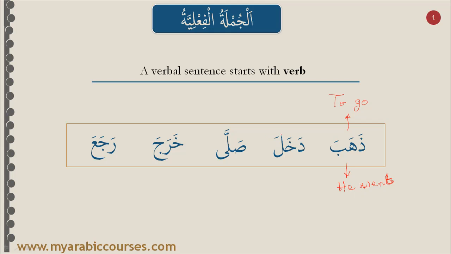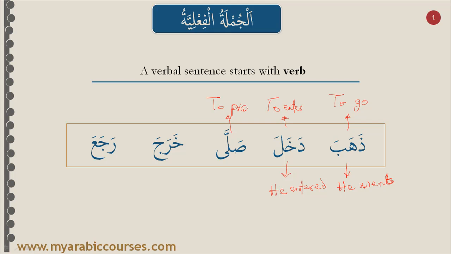So the next example here is dakhala, meaning to enter. But if you want to relate to dakhala in a sentence, you say he entered. Next one is salla, to pray.